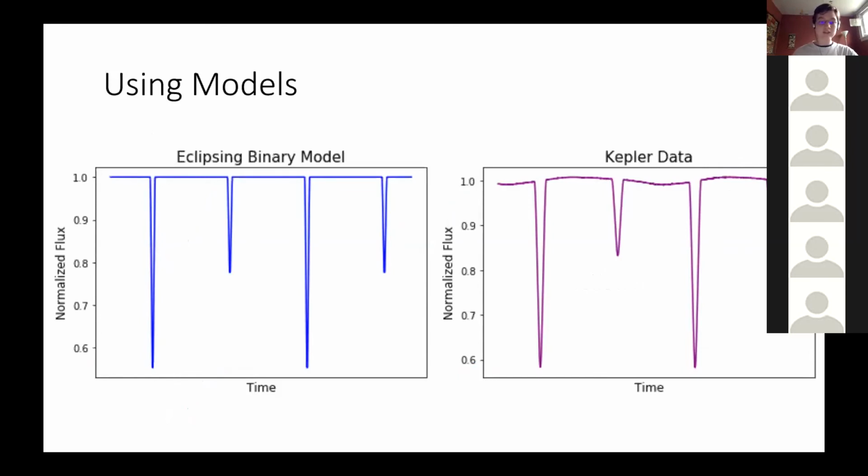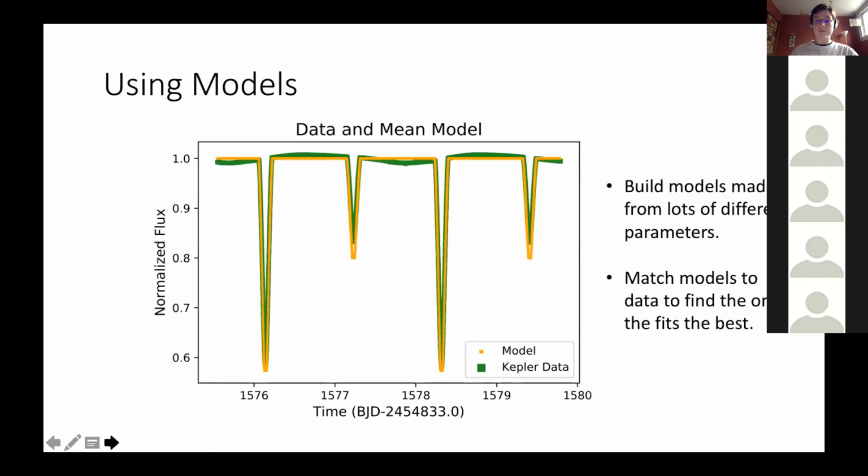You can see just a quick example of a model. The top here is flat all the way across, because this is sort of an ideal system, but the actual data has this wiggle in it, and that is challenging for trying to fit to a model. So what we do is we make lots and lots of different models.